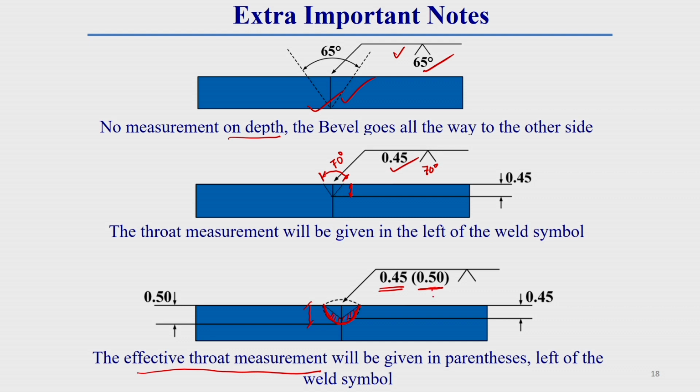Whatever weld penetration we are getting, the exact or effective weld penetration, we have to provide at the side of this depth of bevel in between parentheses, like this. So here the effective throat is given.